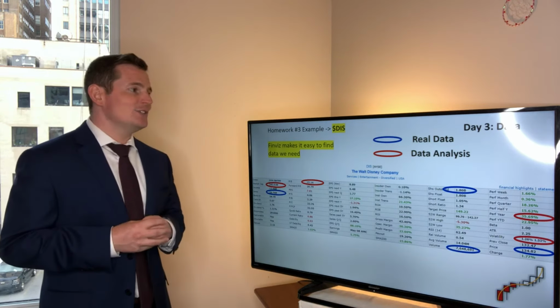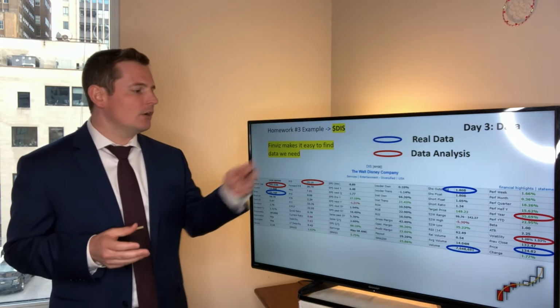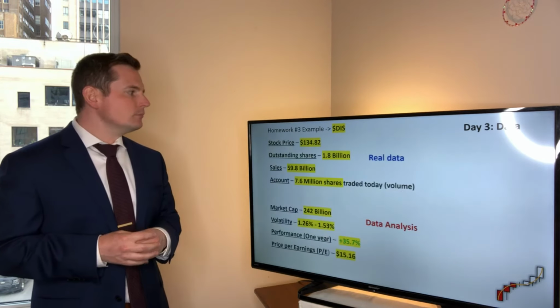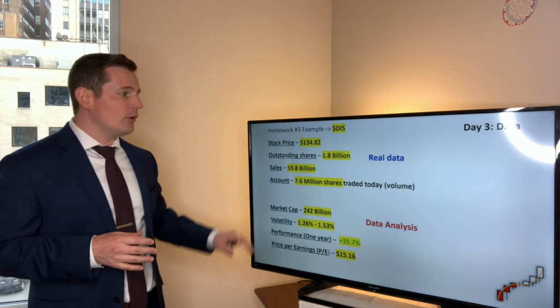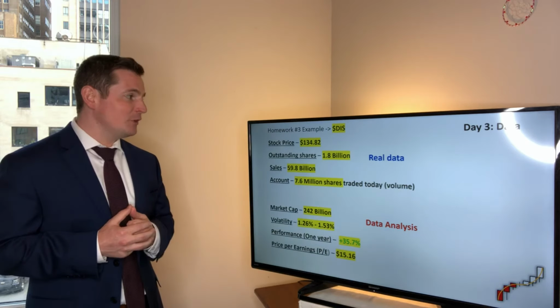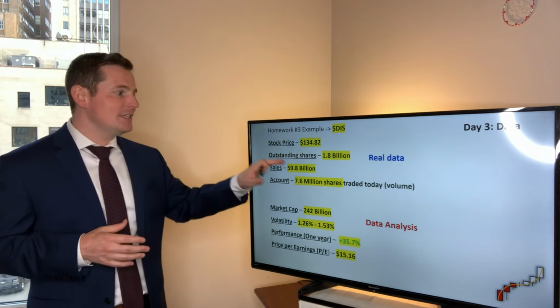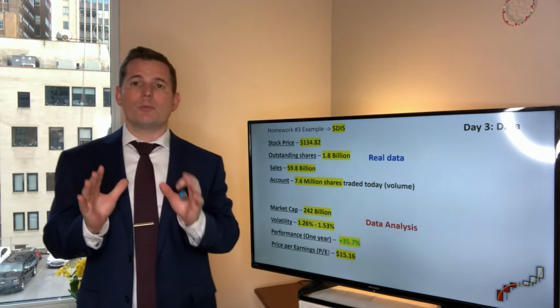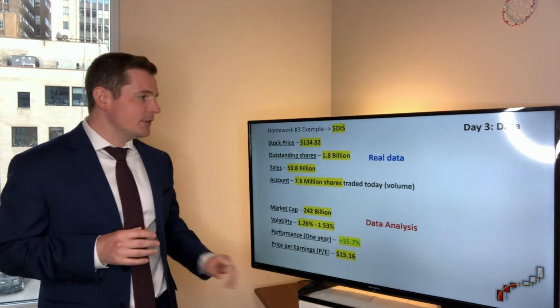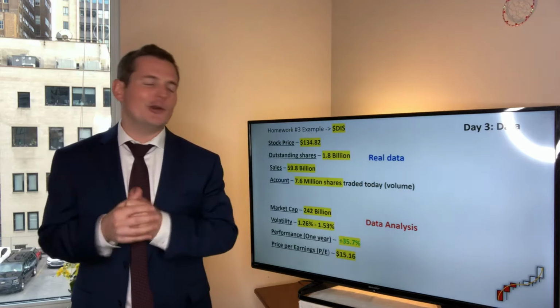So that is the derived data, which I call data analysis. And filling out the Sosa MVP, I just filled in these highlighted numbers. So your homework assignment should look very similar to this right here.